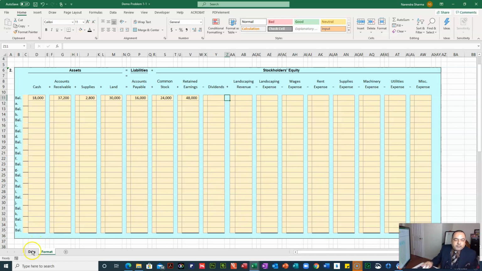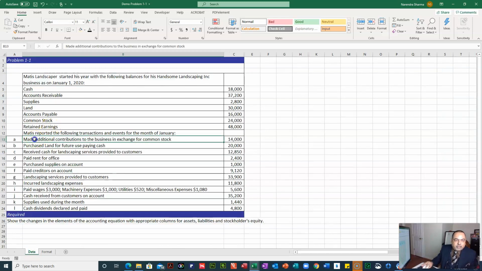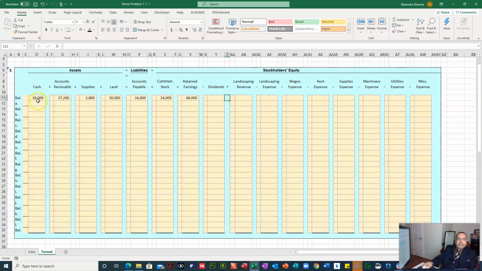Now we take the first item here. It says made additional contributions to the business in exchange for common stock. Two accounts are being impacted. One is the common stock, and since the person is making additional contributions, of course that has to be in cash, so we'll be increasing the cash.